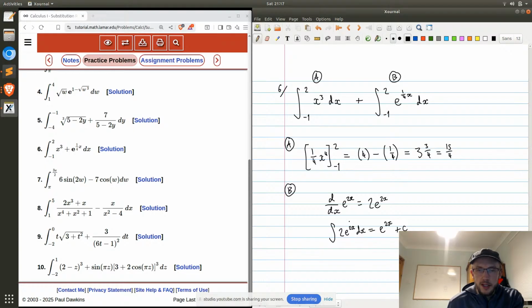So you divide through by that term there, so it would actually be 4. Four e to the quarter from -1 to 2. -1/4 x from -1 to 2.